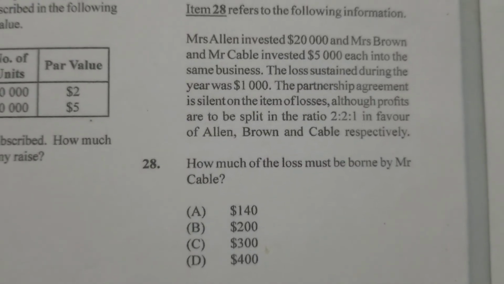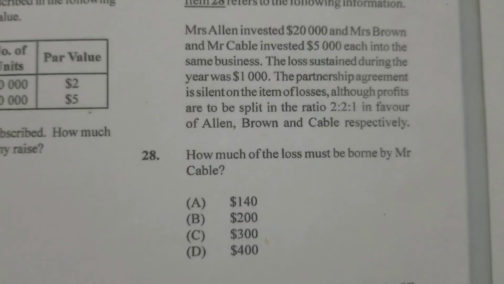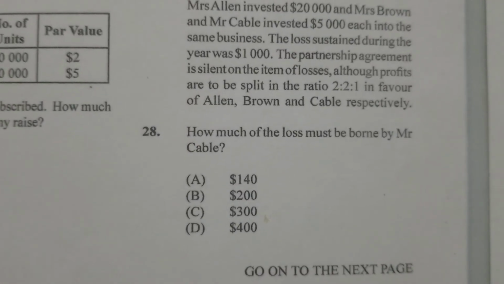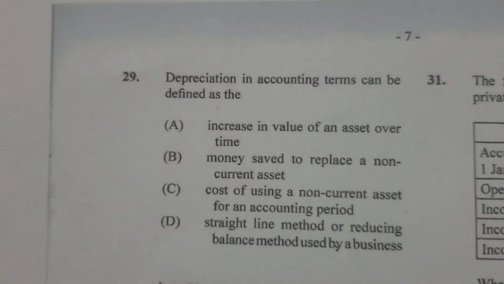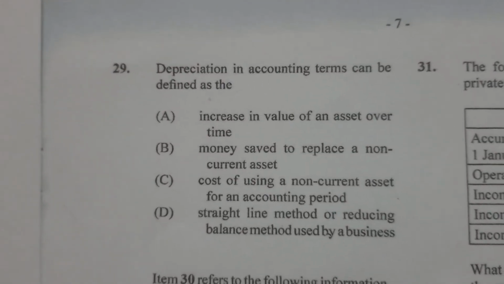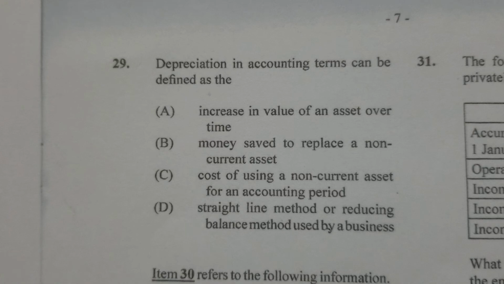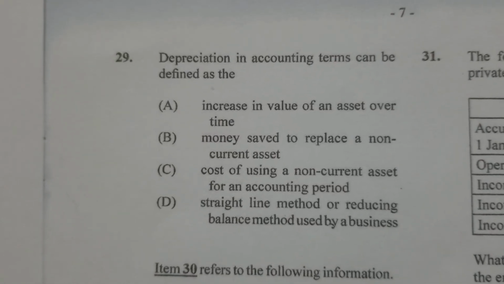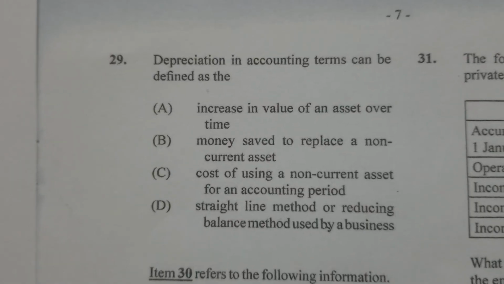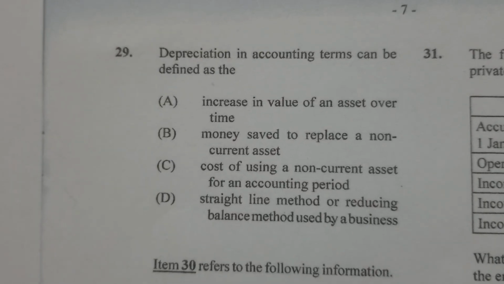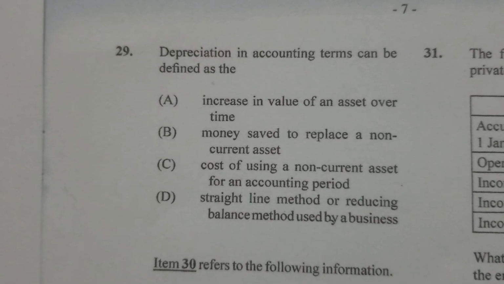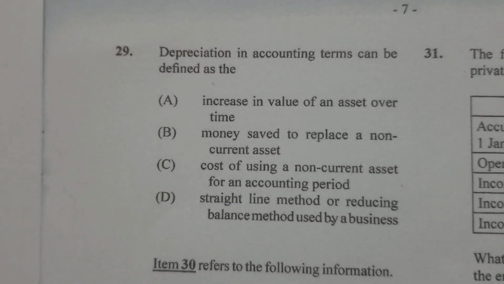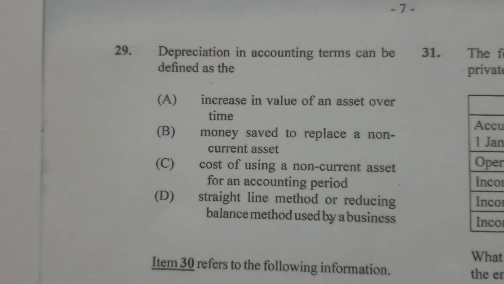We'll find 1/5 of the $1,000, and 1/5 is B, $200. So the answer is $200. Question 29. Depreciation in accounting terms can be defined as, and the answer would be C, the cost of using a non-current asset for an accounting period. So C is the most appropriate answer.